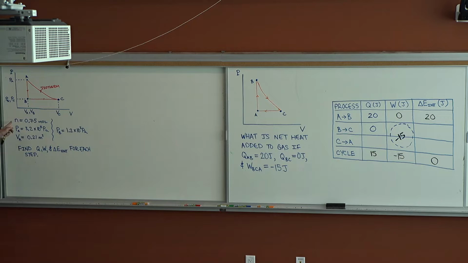I'll also tell you that we have 0.75 moles of ideal monatomic gas, that PA is 3.2 times 10 to the 3 Pascal, VA is 0.21 cubic meters. We're also giving you that PB is 1.2 times 10 to the 3 Pascal.